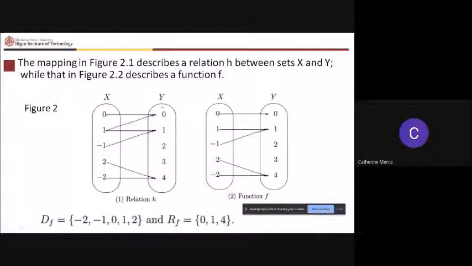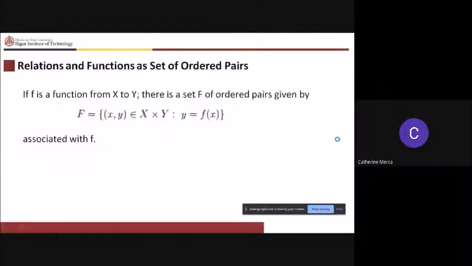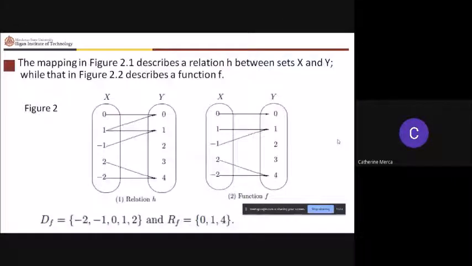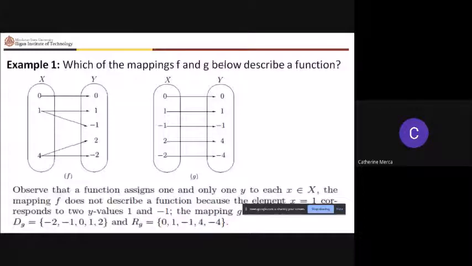And in that case, you actually have what we call an onto function. So, let us first look at this mapping. Next one. Which of the mappings here is a function based on the definition earlier? Anyone? G, ma'am.